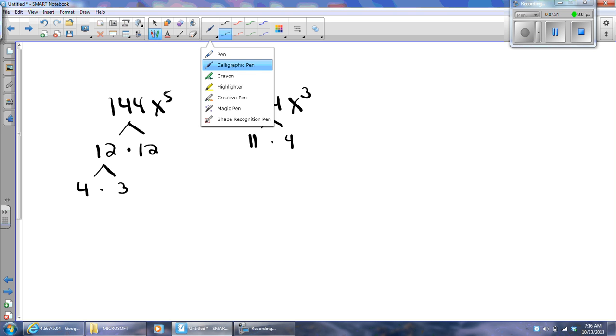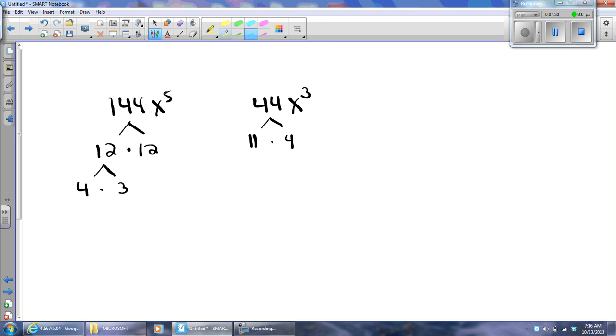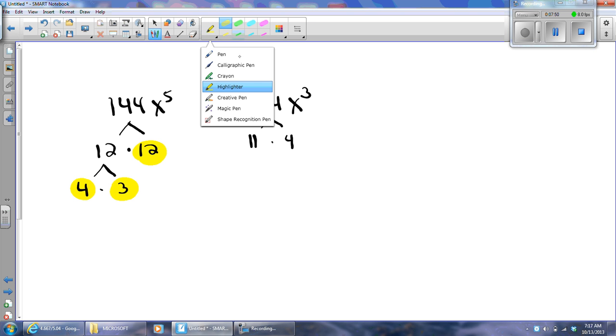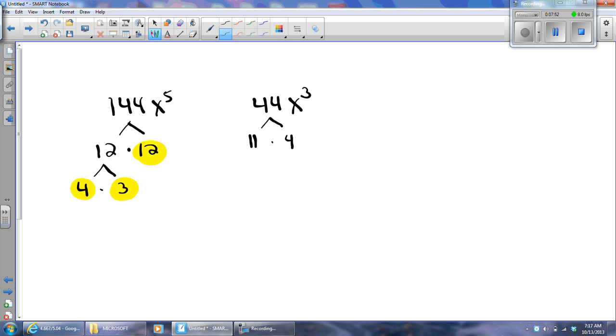Why not? Because I know that if you multiply this number times this number, you get 144. I also know that if you multiply these 2 numbers times this number, you also get 144. Well, what am I trying to tell you? I'm trying to show you that 4 times 36 is 144.